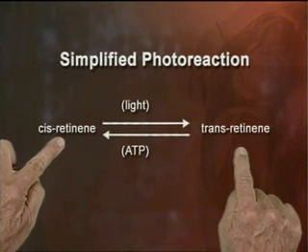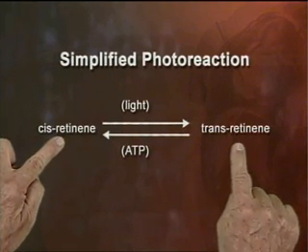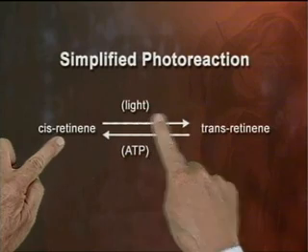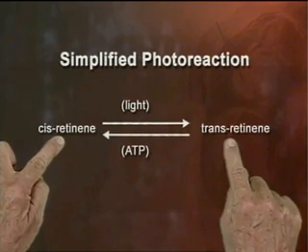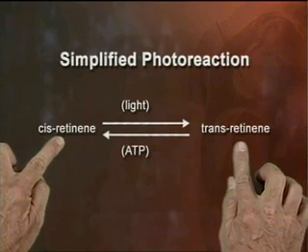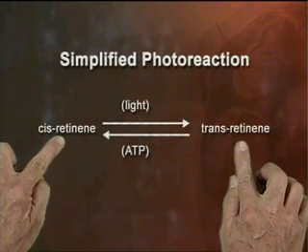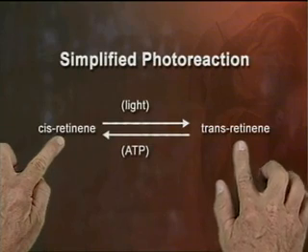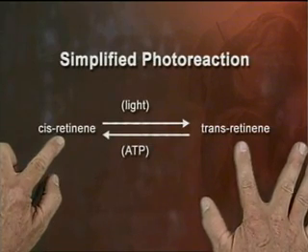That causes the impulse to be generated. That change of cis-retinine over to the trans, which again is triggered by light, causes the impulse to be generated, and then that impulse is synaptically transferred to sensory neurons that carry the impulse on to the cerebral hemispheres.